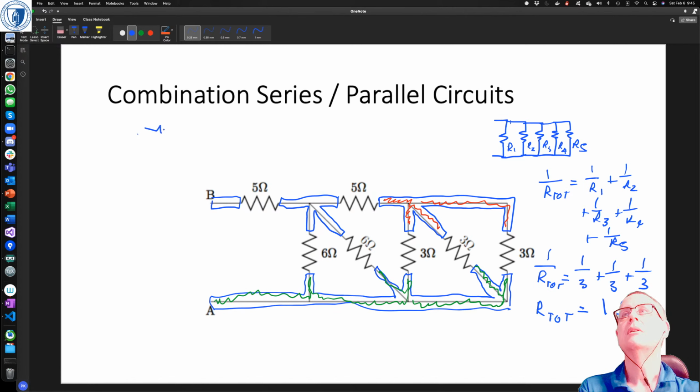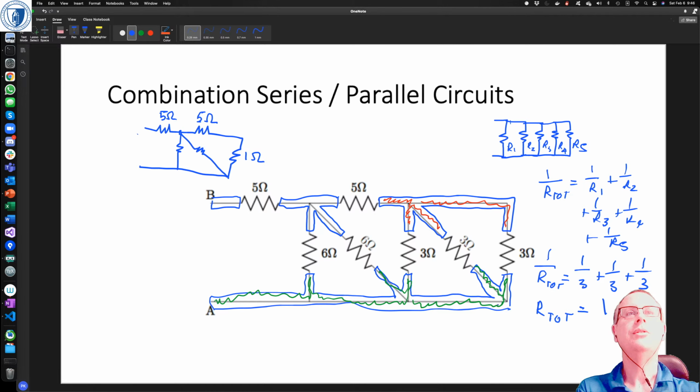So I've got my 5 ohm, I've got my 5 ohm, I've got a 1 ohm, and then I've got a 6 ohm, got my other 6 ohm. Right, so we've got 5, we've got 5, we've got 1, which is the one we just calculated, and we've got a 6 ohm.